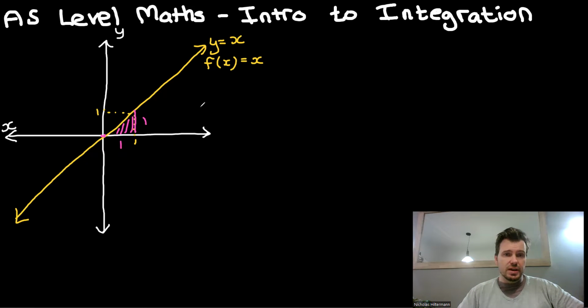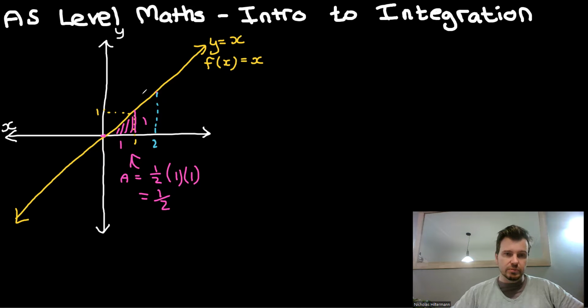So we know that if we were to just work it out using this triangle, we would say the area is equal to a half base times height, right? So area equals a half base times height. The base is 1, and the height is 1. And so a half times 1 is a half. And if we were to work out the area to 2, let's do a different one.